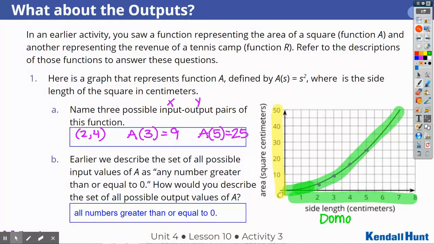Your Y values, 4, 9, and 25, are also known as your range. So now you have 3 words to use: X, an input, or a domain, or Y is your output or your range values.